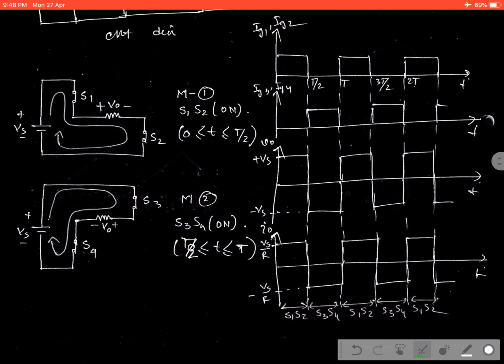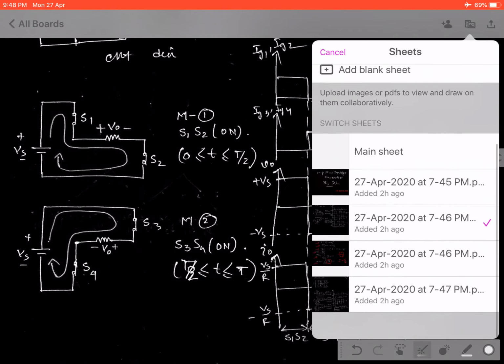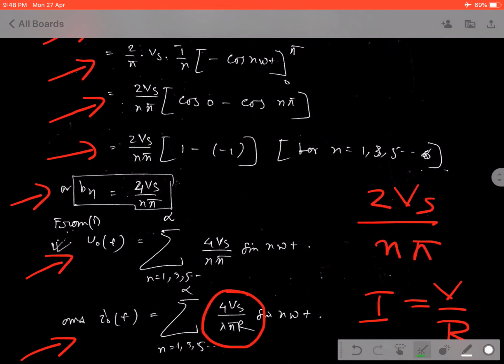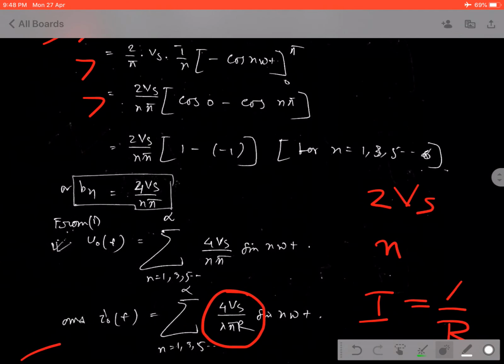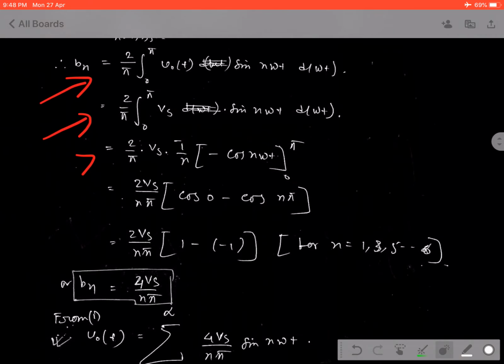Now we are going to express it by mathematical expression in terms of RMS voltage and in terms of the periodic signal using the Fourier series. So first calculate the RMS voltage. RMS voltage means root mean square of the output voltage magnitude, right?